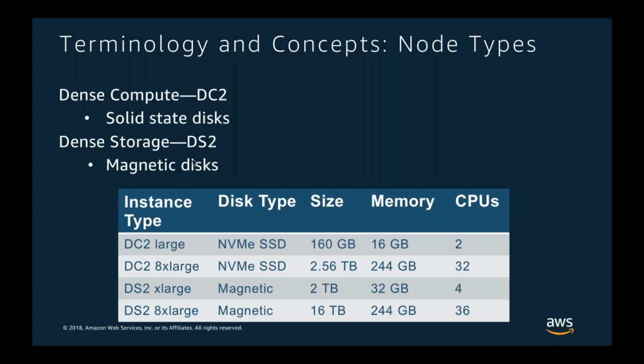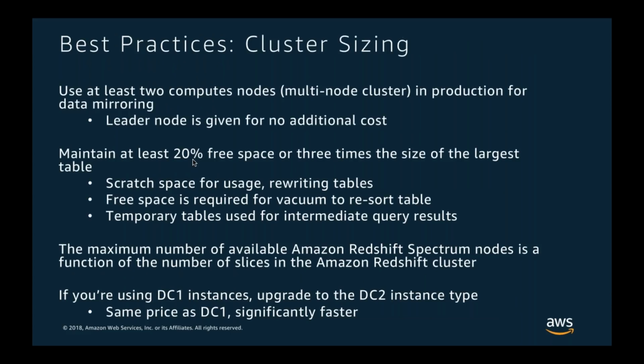From a cluster sizing perspective, our recommendation is that if you're running in production, we recommend a minimum of 2 compute nodes so that you get high availability and redundancy for your data. The leader node is automatically given to you at no additional cost. We also recommend you maintain 20% free space on your cluster. Why do we recommend this? It's primarily because we need free space in the system for things like scratchpad and logs.